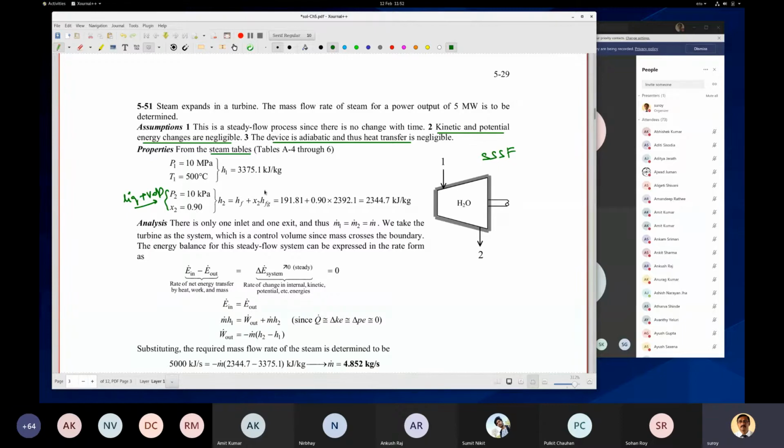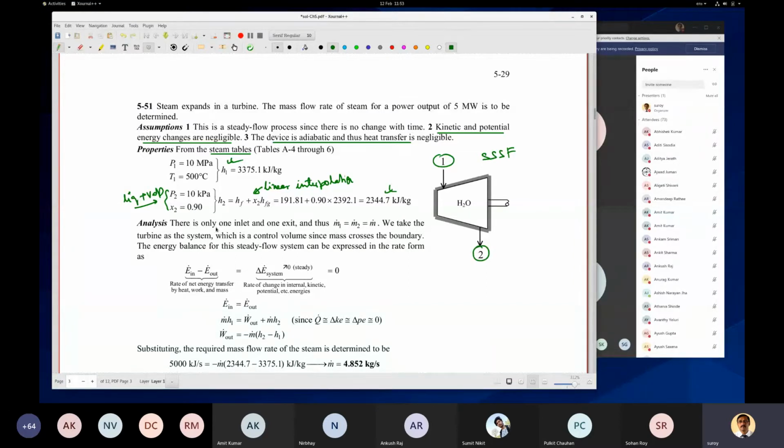So you do linear interpolation, and then you get the H2 because this is given. So we know H1, and we know H2.